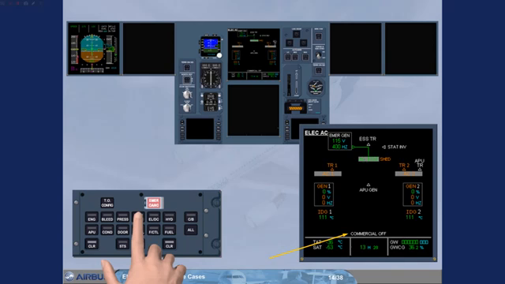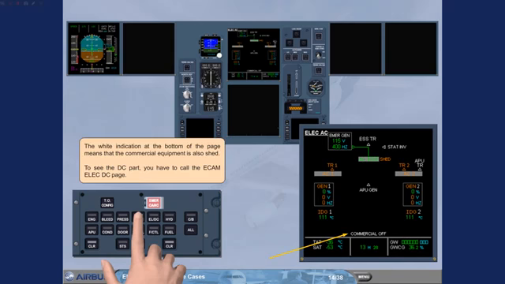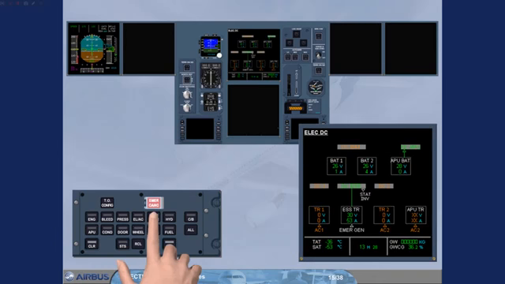To see the DC part, you have to call the ECAM Electrical DC page. Notice the emergency generator supplying the essential TR, which in turn supplies the DC essential bus.